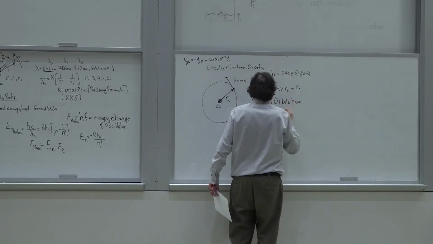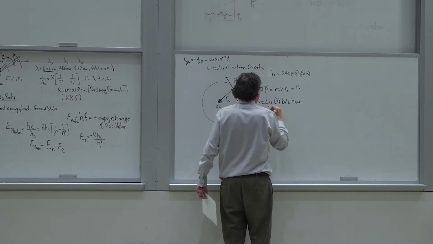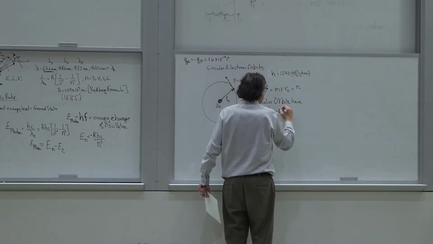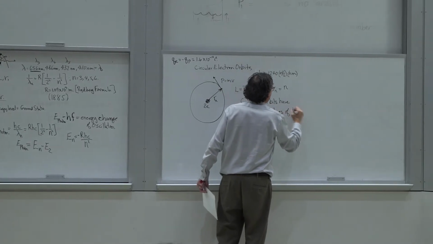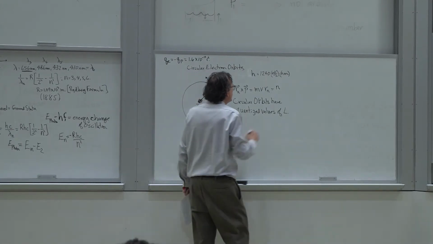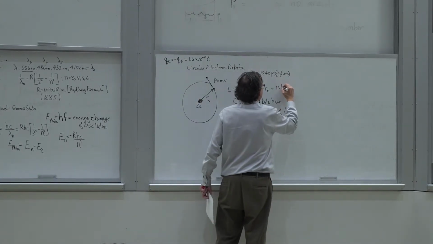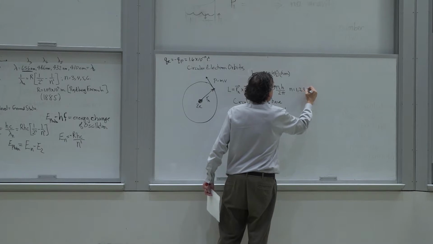quantized values of angular momentum L, and they're going to be quantized in units of n times h divided by 2 pi, where n is equal to 1, 2, 3, all the way up.